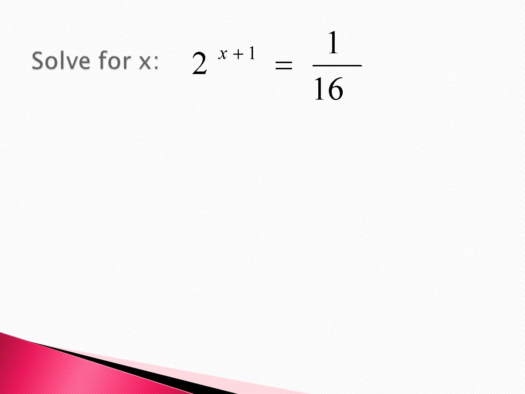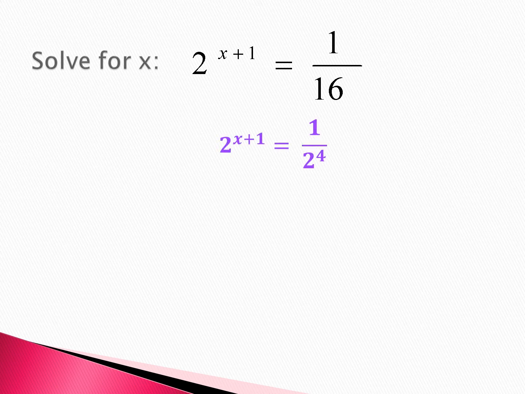Ooh, this one's going to be super fun and challenging. Okay, so we have 2 to the x plus 1 power equals 1/16. And you're thinking, well, 16 is a power of 2, but it's in the bottom. But I can express 16 as 2 to the 4th, right?